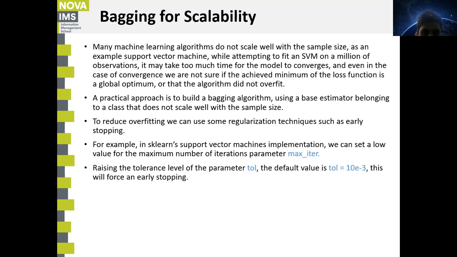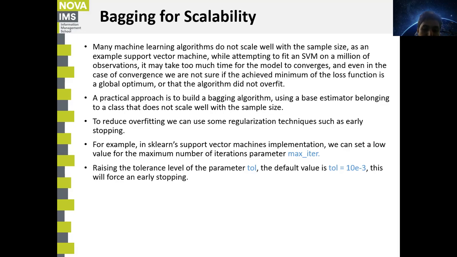To reduce overfitting, we can use some regularization technique such as early stopping. For example, in the scikit-learn support vector machine implementation, we can set a low value for the maximum number of iterations parameter, or we can raise the tolerance level of the parameter tol, which has a default value equal to 10 to the power minus 3.